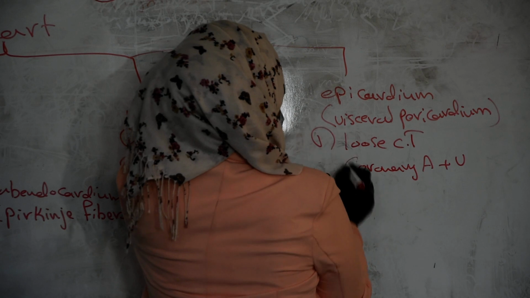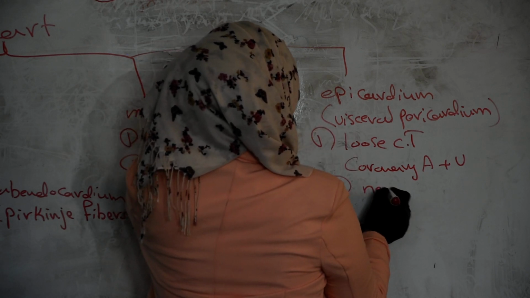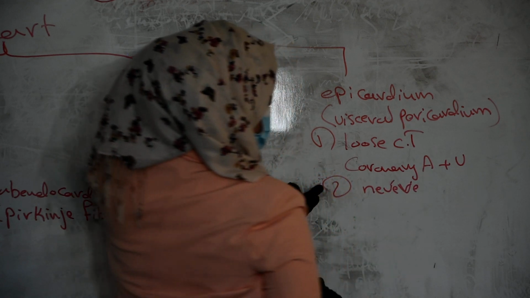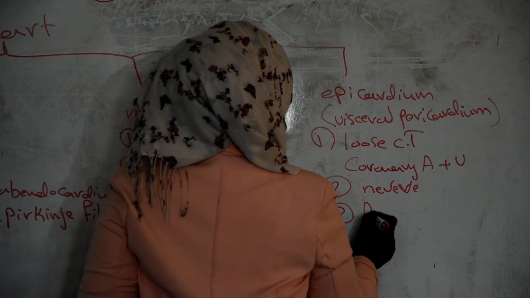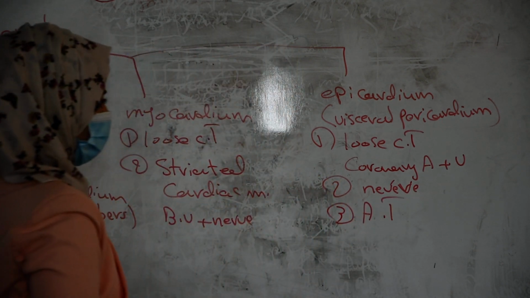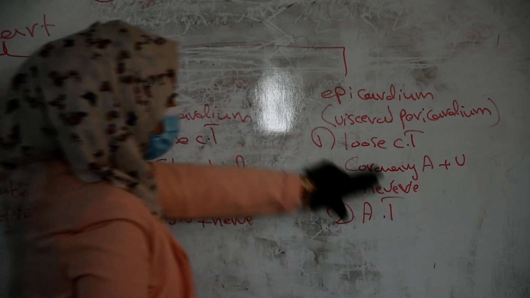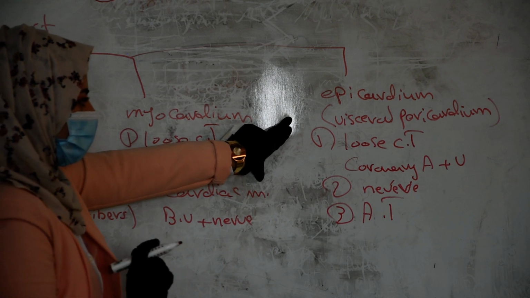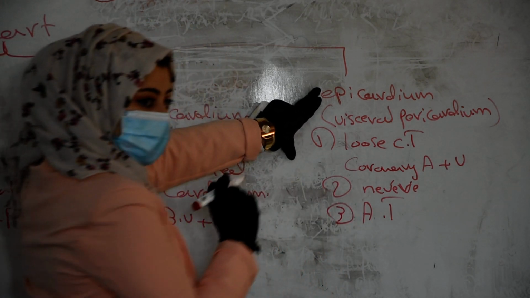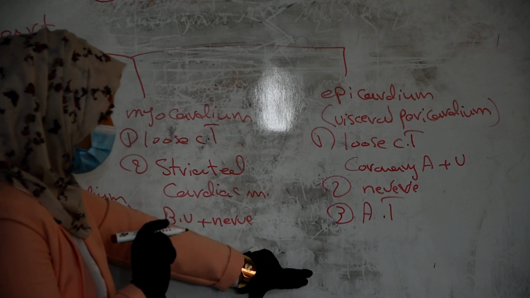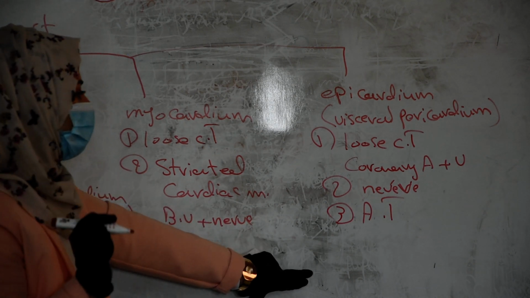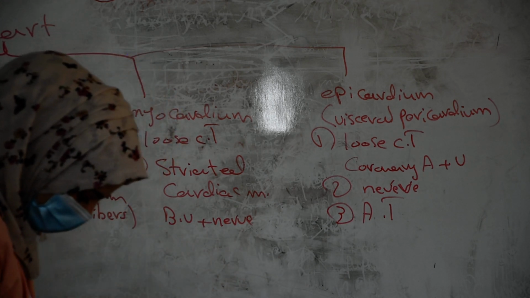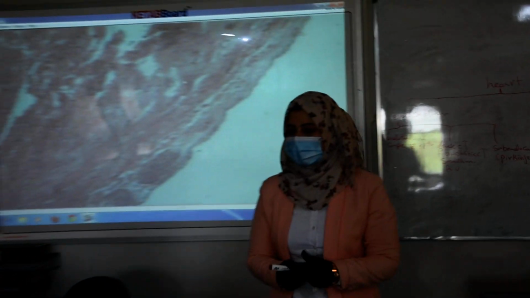Also, we can find nerve, also we can find adipose tissue. Okay. From the outside, it's the visceral pericardium, consisting of visceral serous and parietal serous layers from outside, and external is a fibrous layer of pericardium.